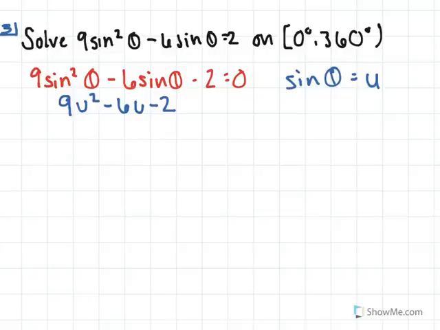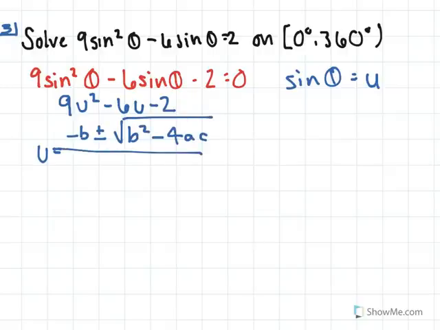So we would know then that u equals negative b plus or minus the square root of b squared minus 4ac all over 2a, where our a is 9, our b is negative 6, and our c is negative 2.